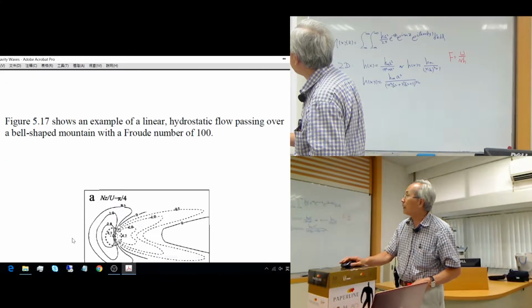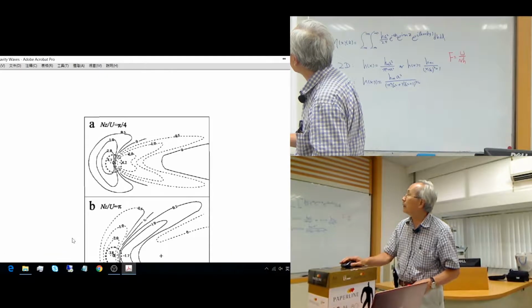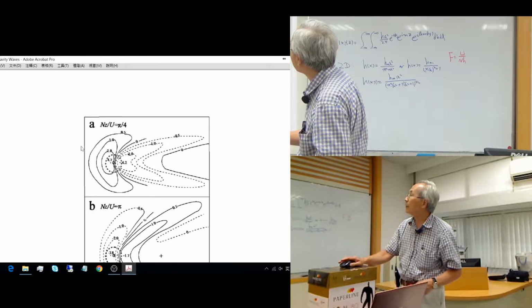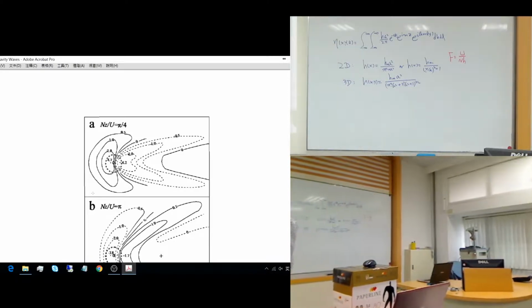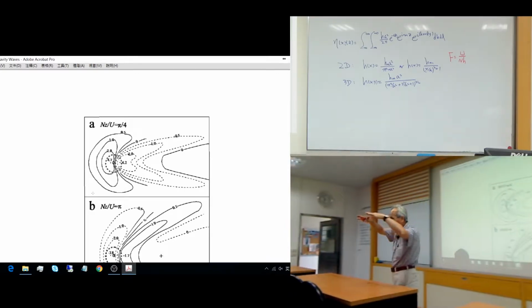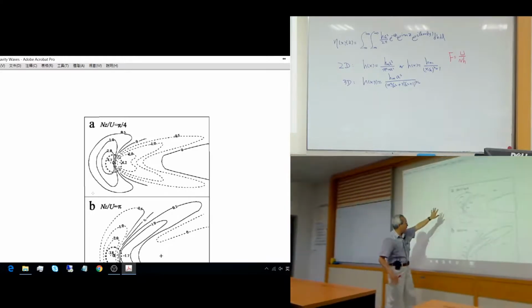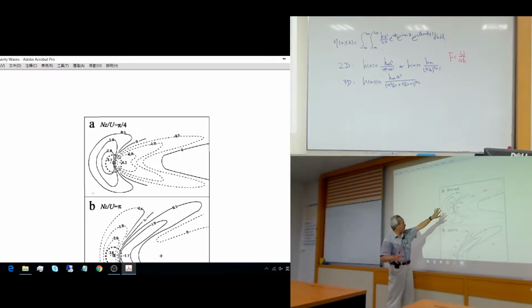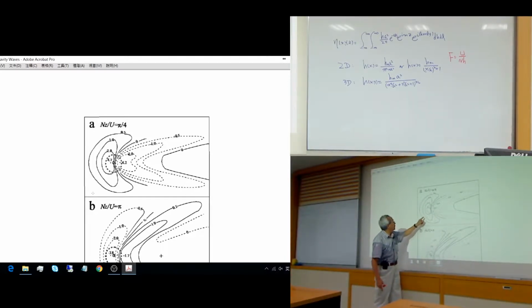The key point here is, we don't have time to go into great detail, but at least I have to show you this. Just imagine you are on an airplane on top of the mountain, and the wave you see is this. It's horizontal, and at a non-dimensional height of pi over 4, you see this upward motion here.